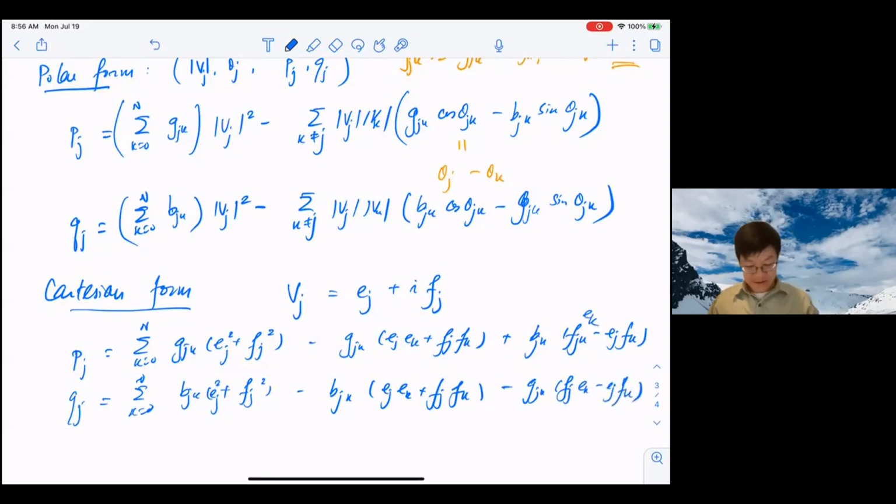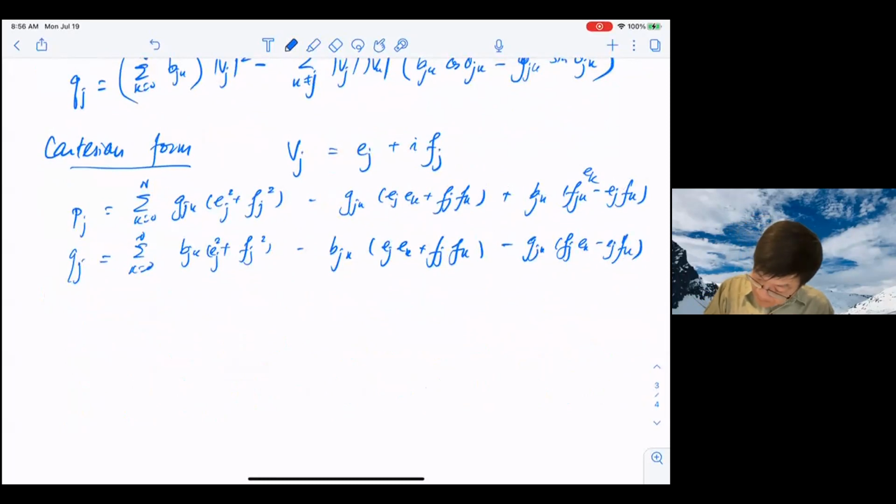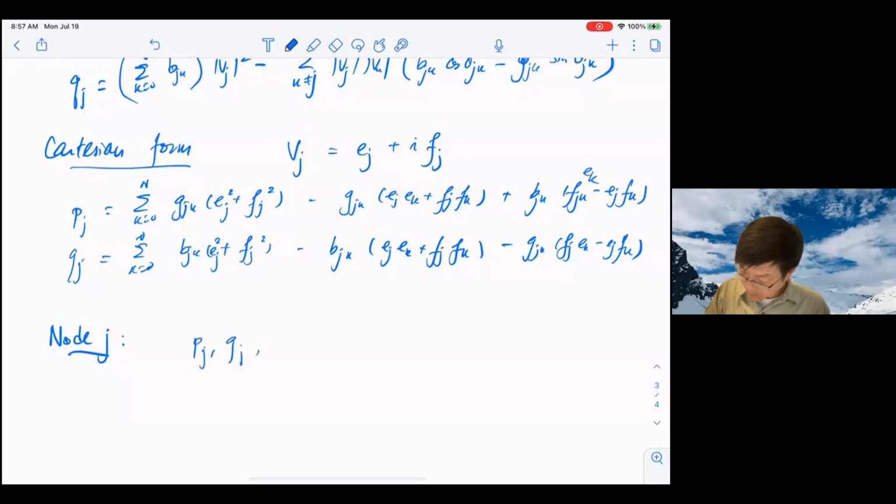So, and then the different types of buses: PV bus, PQ bus, slack bus, and so on. What that means is the following. At each node, or bus j, I'll use node and bus interchangeably, there are 4 real variables: the injections Pj, Qj, and the magnitude of the voltage phasor and its angle.